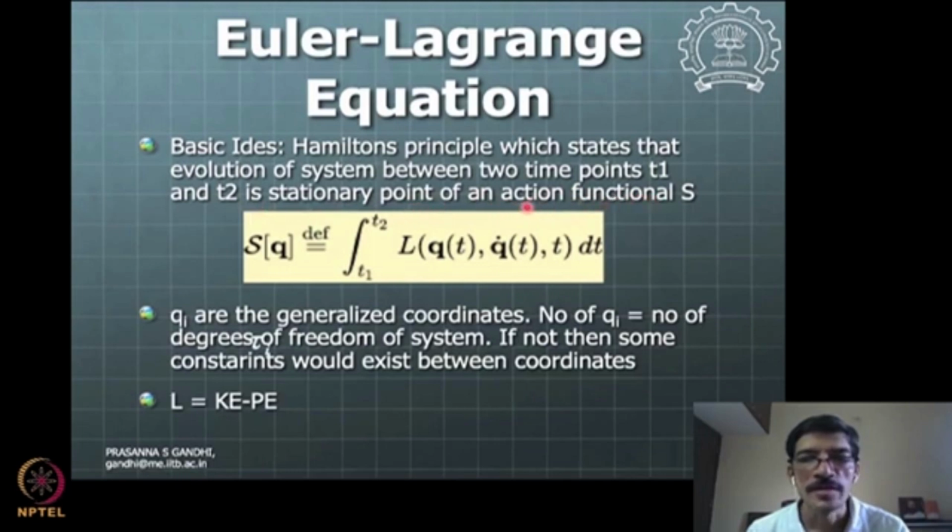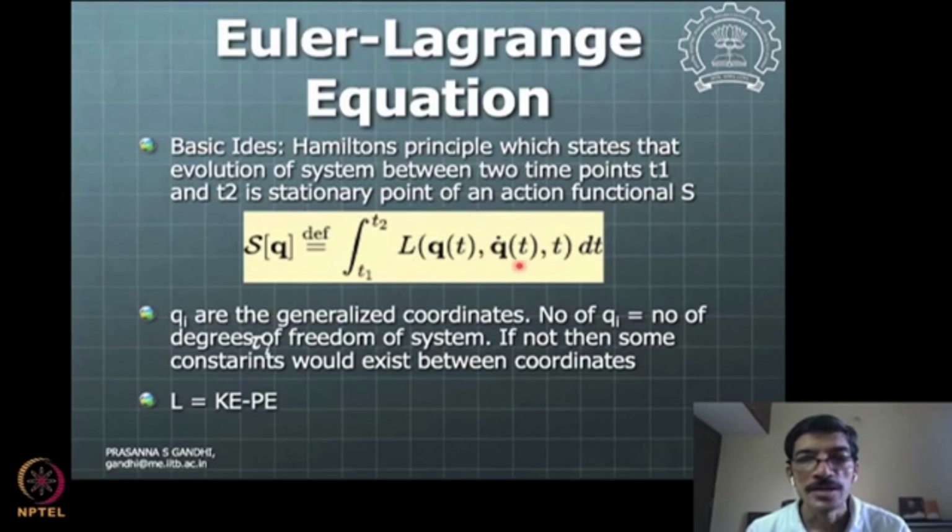Now, this action functional is defined in this way. You have an integral of a Lagrangian function, which is in general a function of the states of the system, q and q dots. Actually, q are generalized coordinates, and their derivatives also come in as states. And then it can also be an explicit function of time.